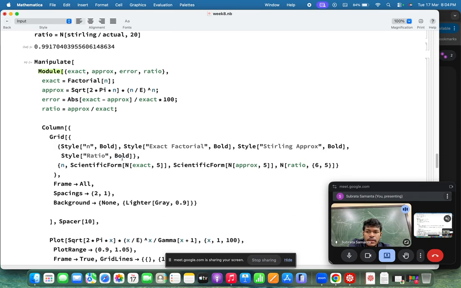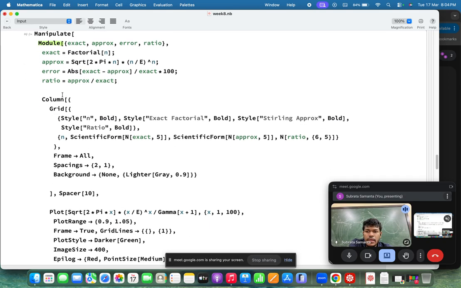And here I create a column. In the first column I put n, in the second the exact factorial, in the third the Stirling approximation, and then I calculate the ratio in the fourth column.